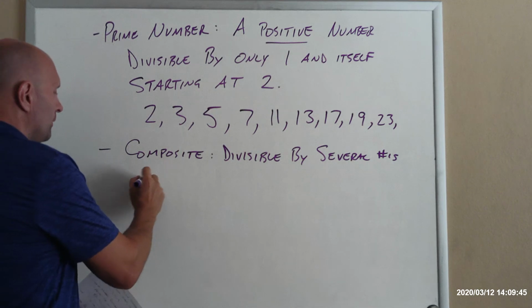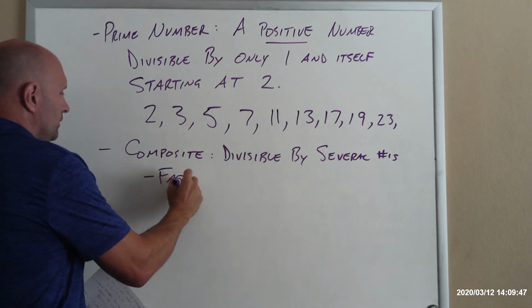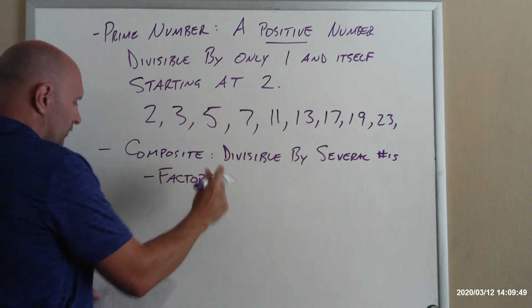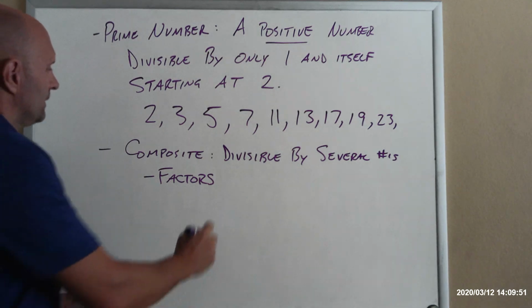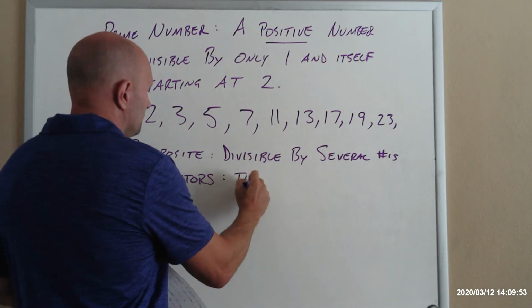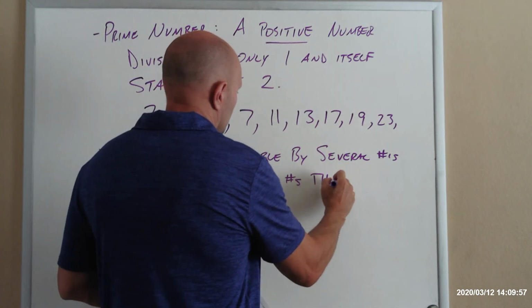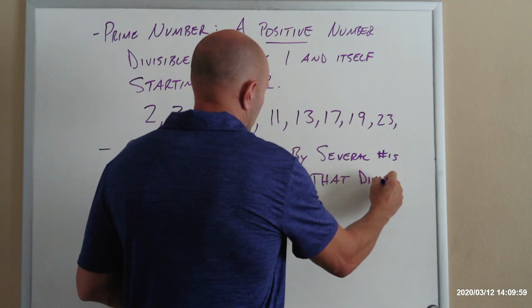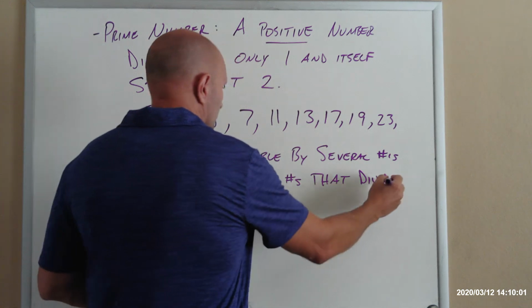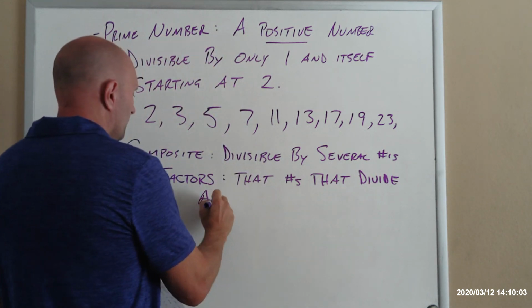And these numbers that go into the composite numbers are known as factors. And this is the numbers that divide any given number.